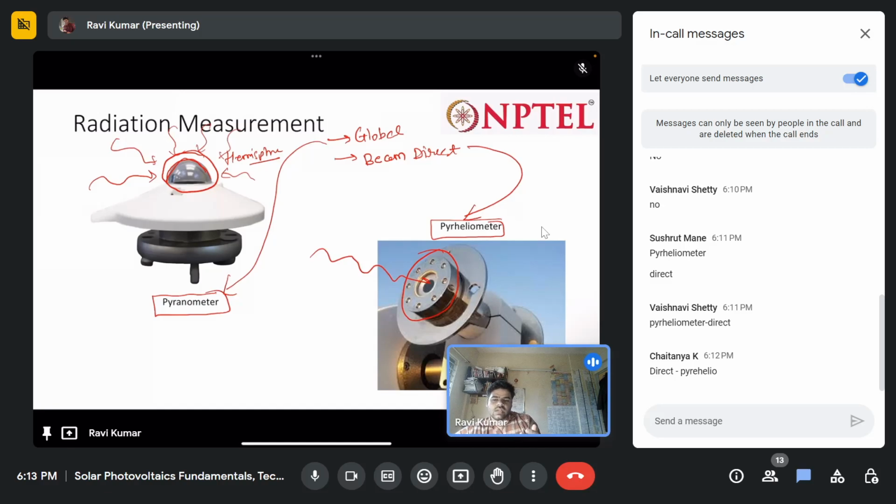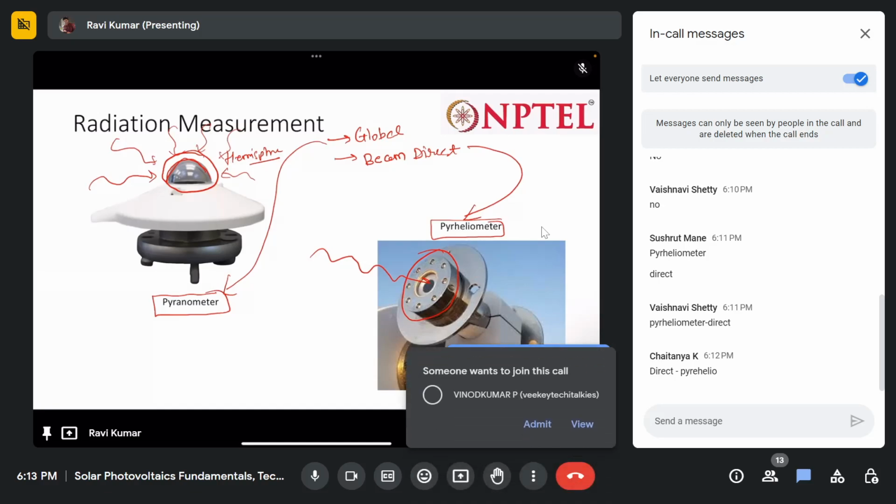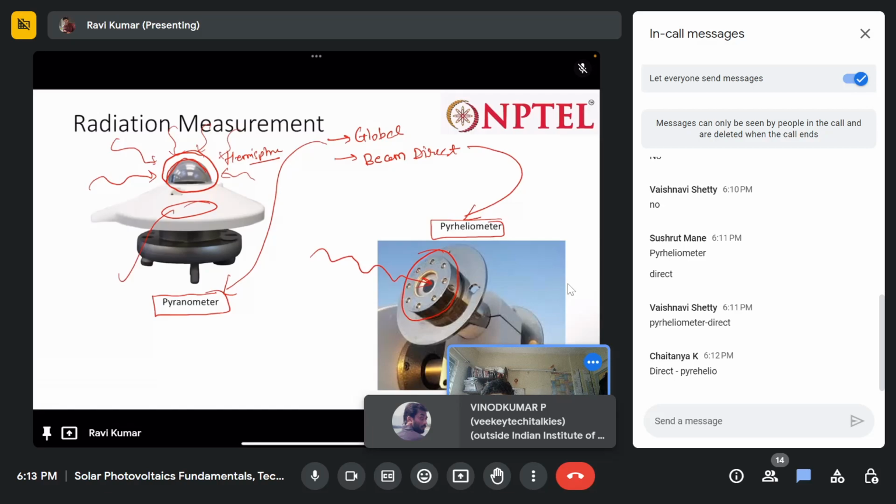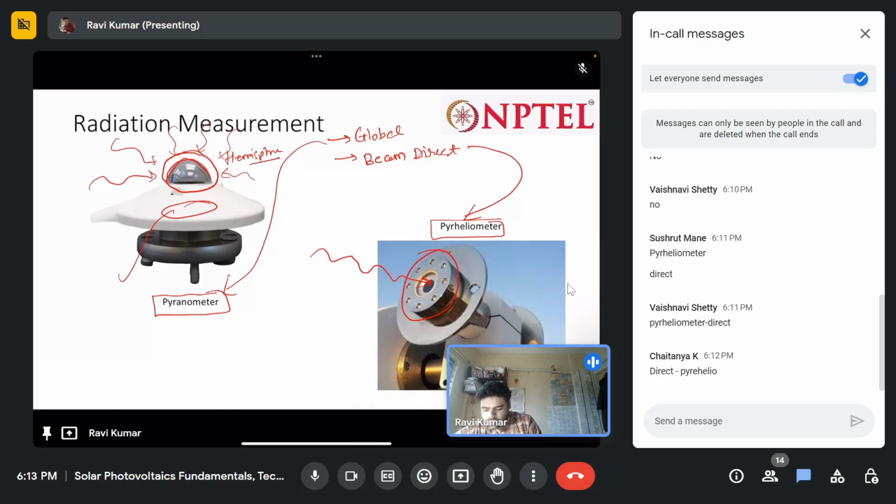What is the mechanism behind these devices? There is a thermocouple here, and also a thermocouple plus PV cell here.